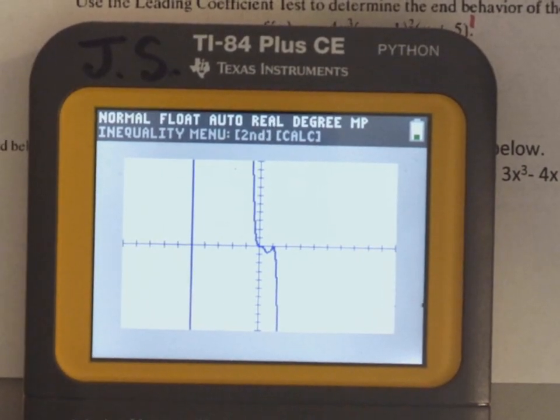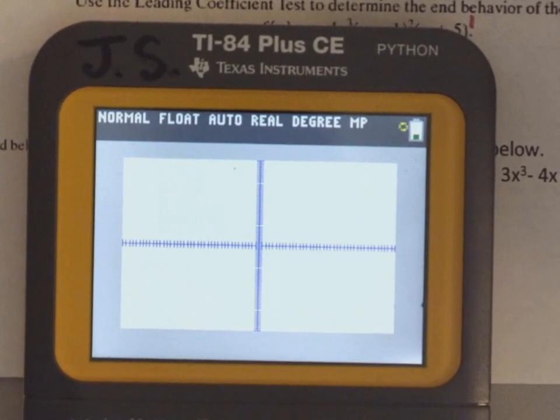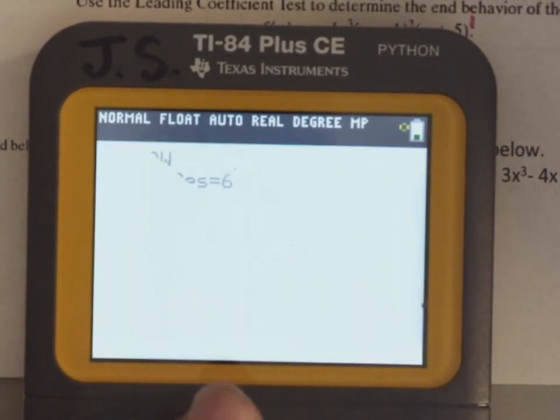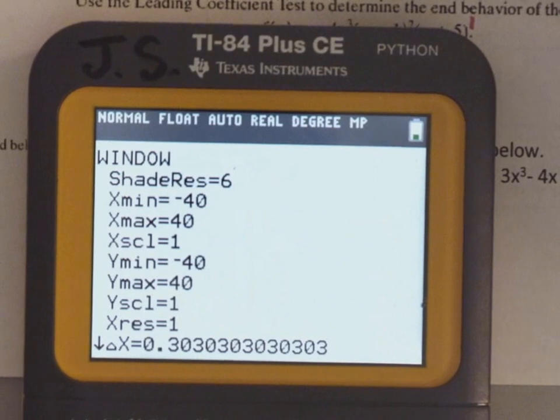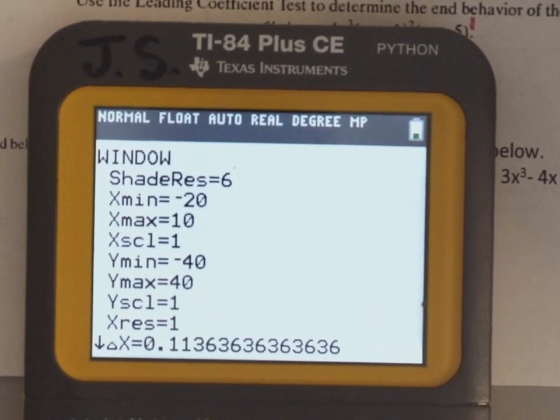Ooh, I need to zoom out a bit, don't I? That's way too much. Let's see, let me get a good window. How about 20, 10.